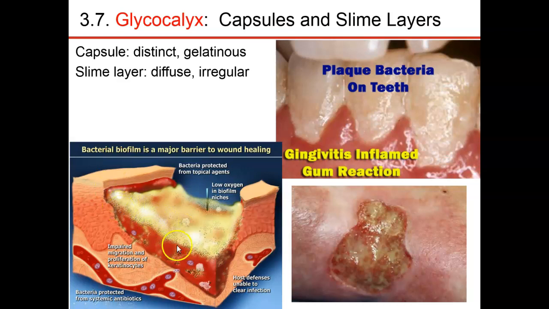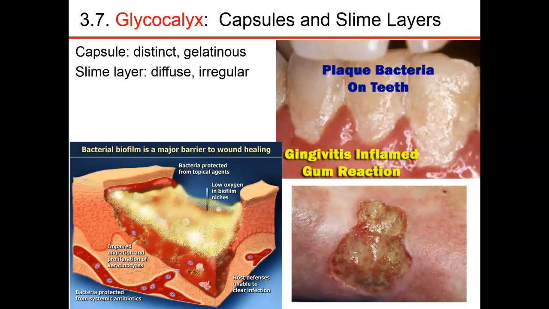If you have a deep tissue wound, and that biofilm is there, then it can actually allow the bacteria to potentially get into the bloodstream. So that's really dangerous. Biofilms can also form on medical equipment. So you can have biofilms form on implantations.